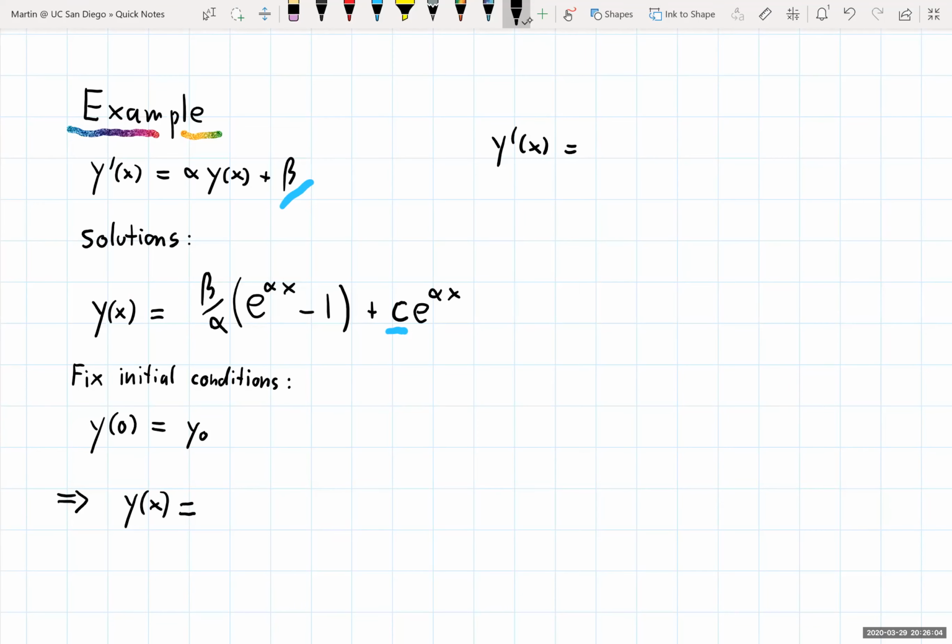So what we have there is still beta over alpha, and then alpha times exponential of alpha x. The constant term corresponding to minus 1 just vanishes. And then we have c times alpha times exponential of alpha x.